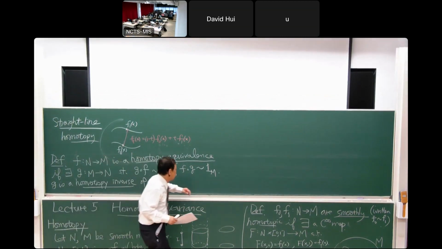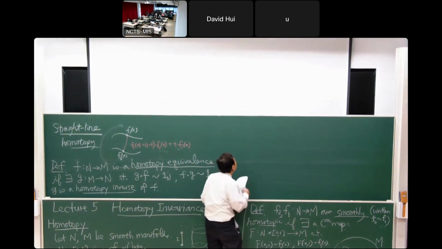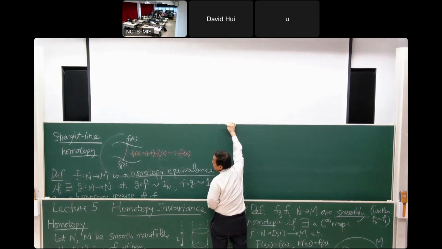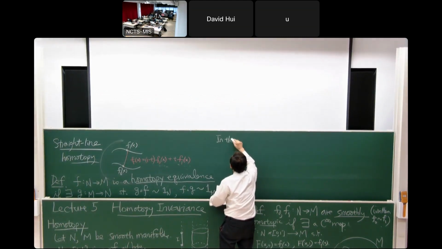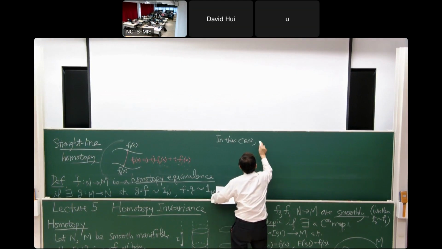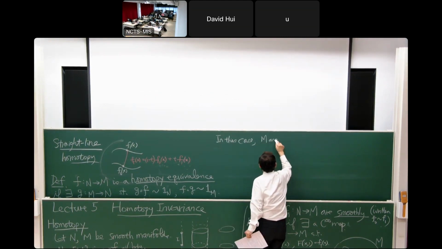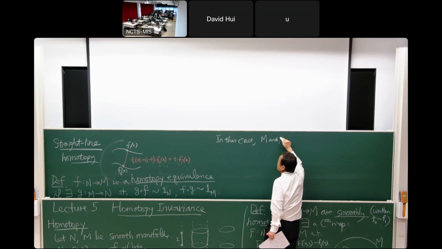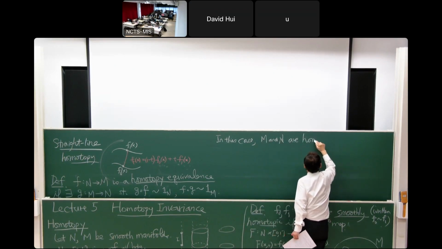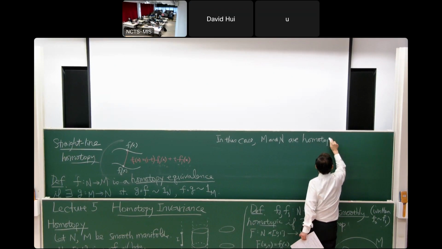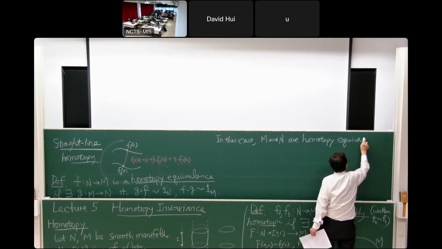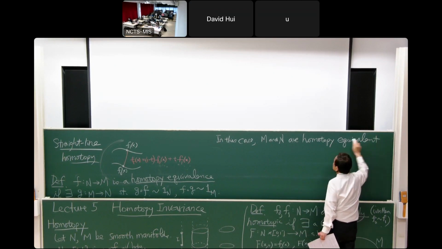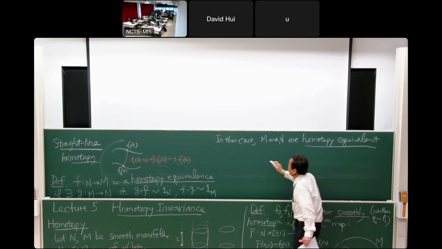So we say that in this case, M and N are homotopy equivalent, or have the same homotopy type.